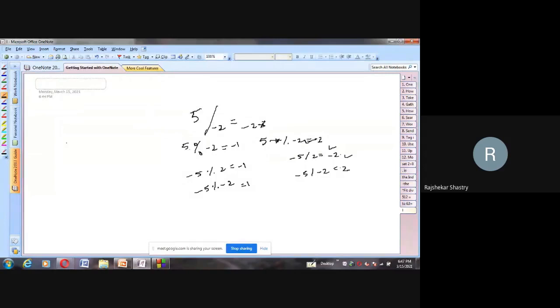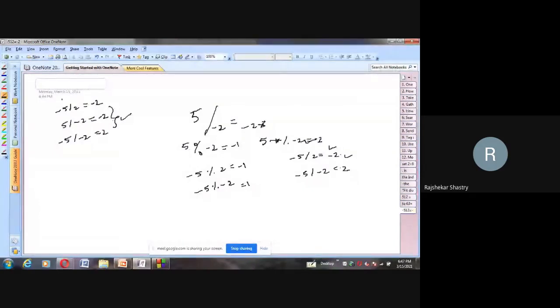For the ordinary division, minus 5 by 2 is minus 2. 5 by minus 2 is also minus 2. And minus 5 by minus 2 is, of course, plus 2. Are you getting it? These three are absolutely right, as per mathematics.